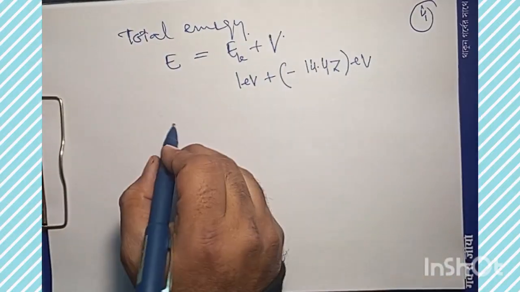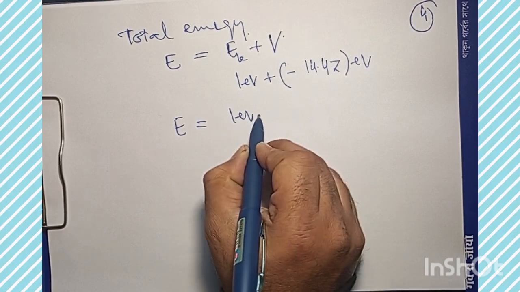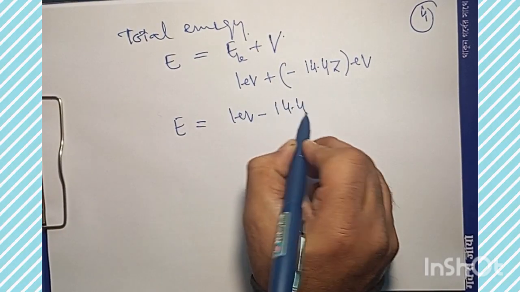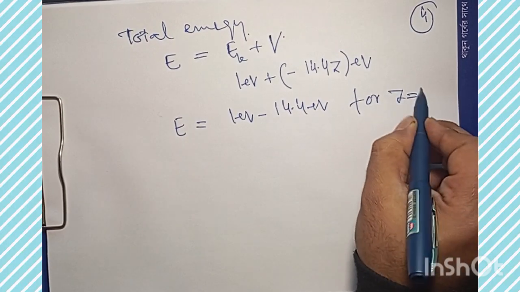Now, this E will be what? It will be 1 electron volt minus 14.4 electron volts, taking Z equal to 1.